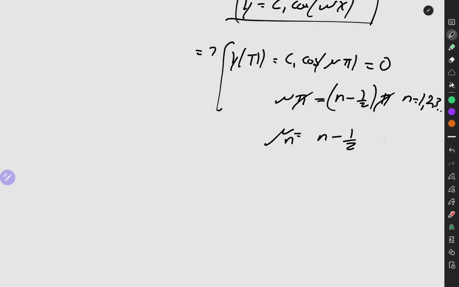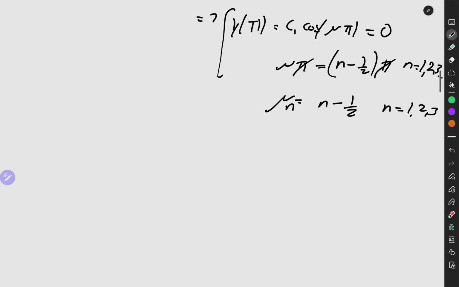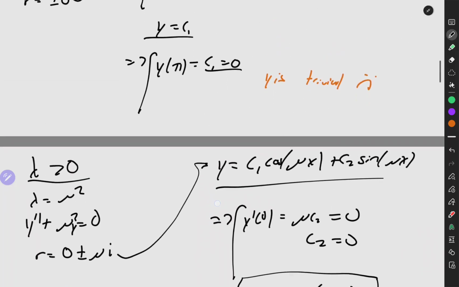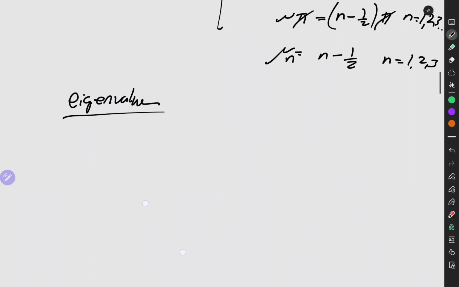Fantastic, right? I'm going to denote that as mu n because we have multiple mu's. It's a series solution. Then we can write our eigenvalue. Our eigenvalue is simply mu squared. Then our eigenfunction.